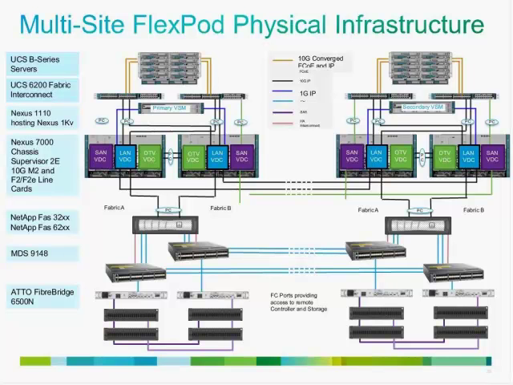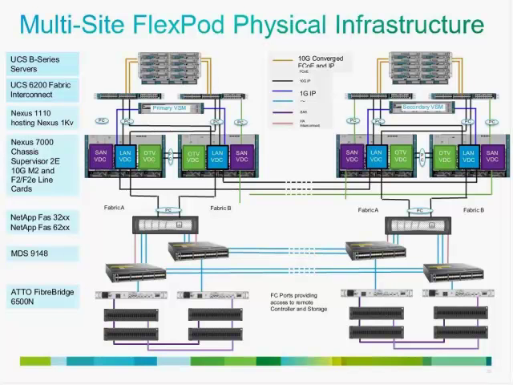Even though we have added components, let's start from the top. We have added an extra UCS domain, because now we have two pairs of UCS fabric interconnects, one in data center 1 and another in data center 2. We have two pairs of Nexus 7000, a pair in DC1 and a pair in data center 2.